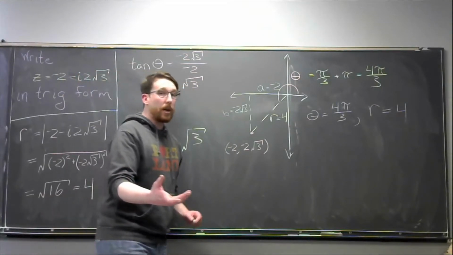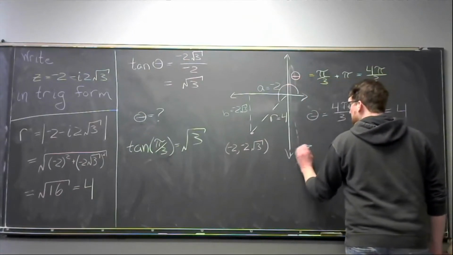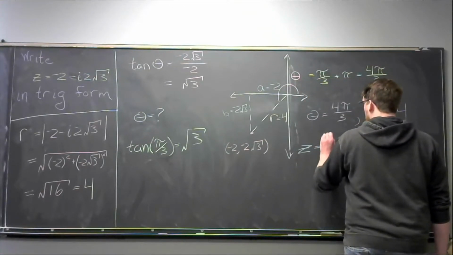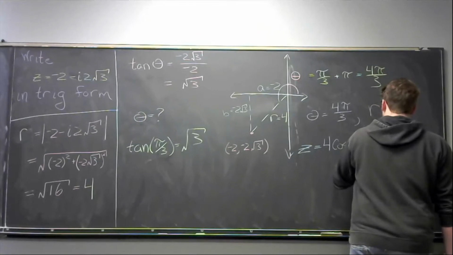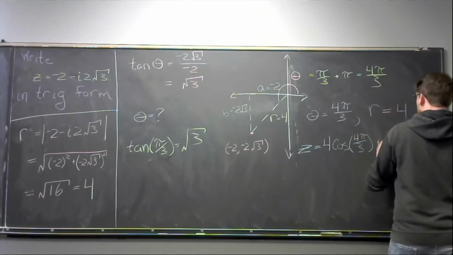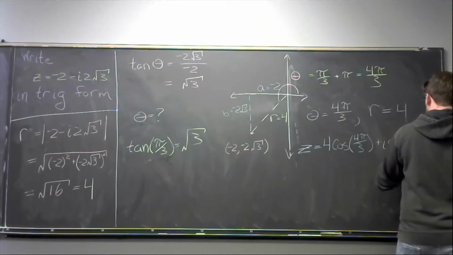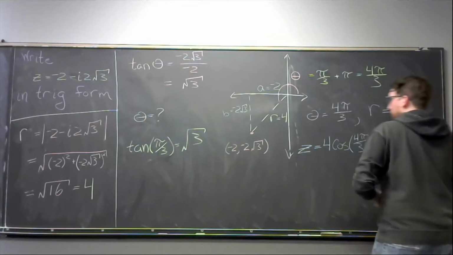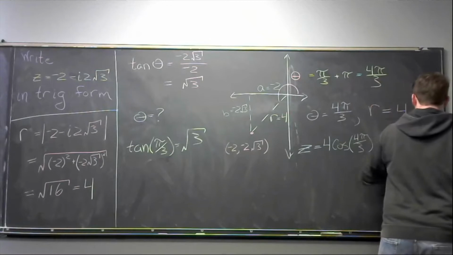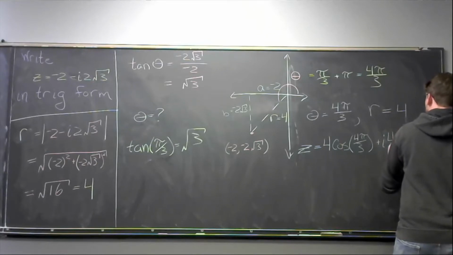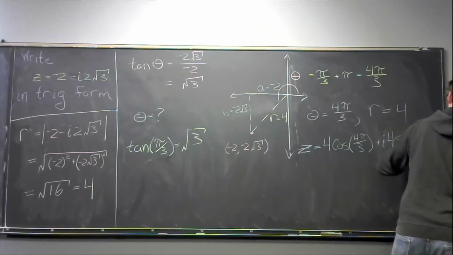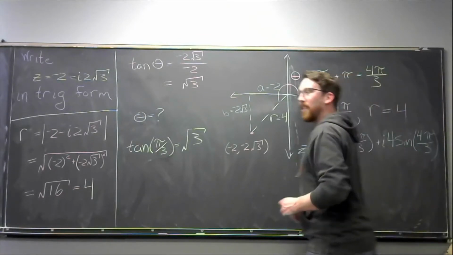So using what we've been talking about, that must mean z is equal to 4 times the cosine of 4 pi over 3 plus i times the sine of 4 pi over 3. Man, I can't write today. Now we got it.